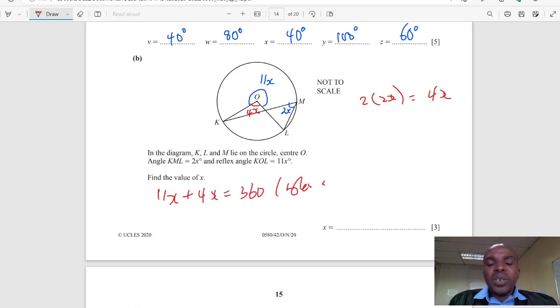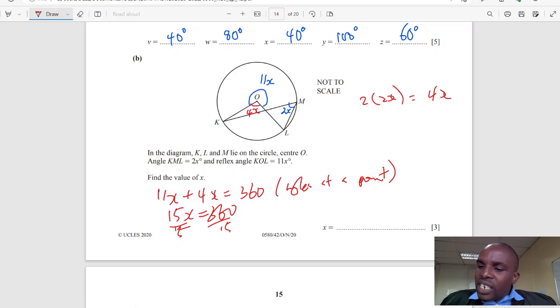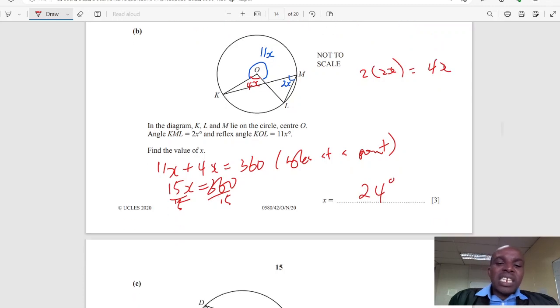Reason: angles at a point, or angles in a circle. Then 15x is 360. Divide by 15, divide by 15. 360 divided by 15, you get 24. So our x is 24 degrees. Just like that.